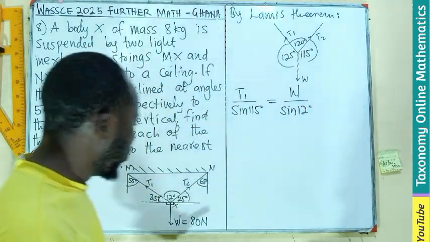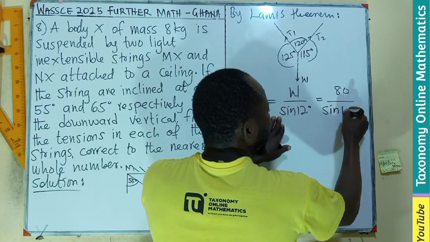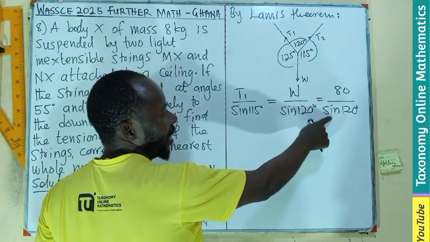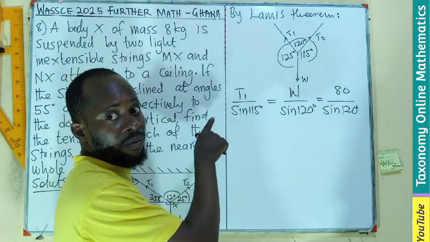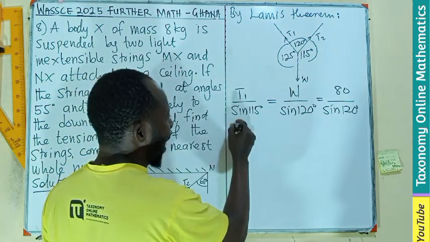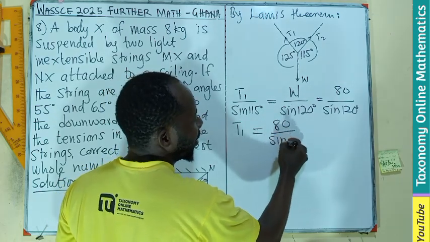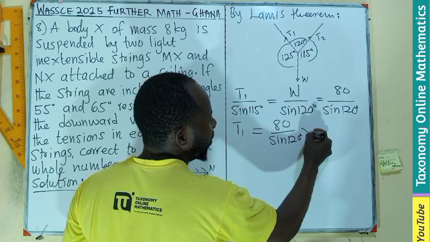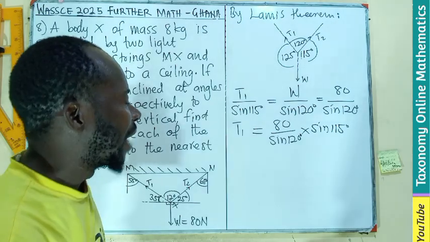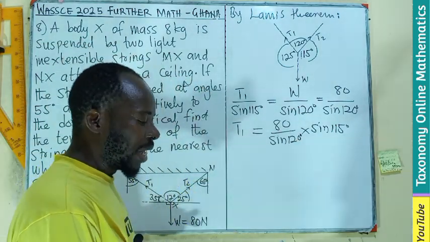Already we know W is 80, divided by sine 120 degrees. So this is equal to this. I'm using T1 as what I'm looking for, so I can multiply both sides by sine 115. So here I can have T1 equals 80 divided by sine 120 times sine 115. Multiplying both sides by sine 115, we'll cancel it here and go in there. So let's put that on our calculator and see.